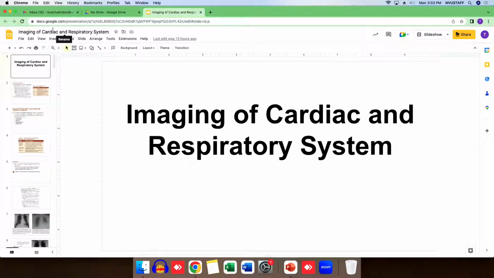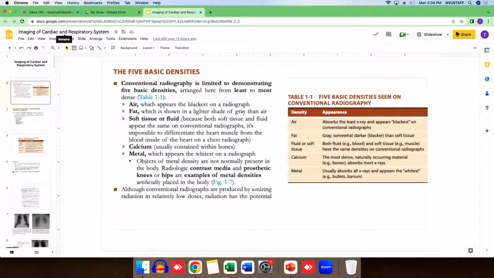Here we're having mostly the chest X-ray, and we're having the CT scan, which is also important. So let's start with the basic principles that are important for us to understand.